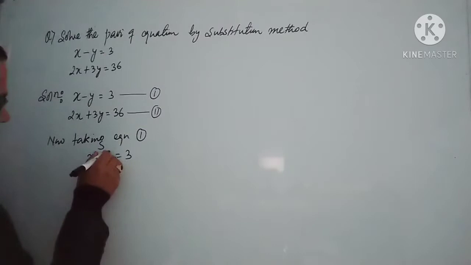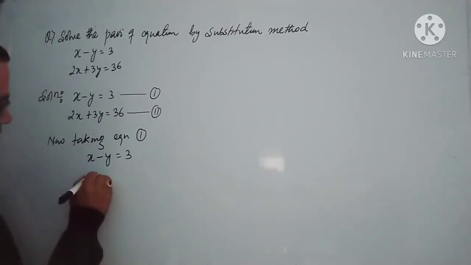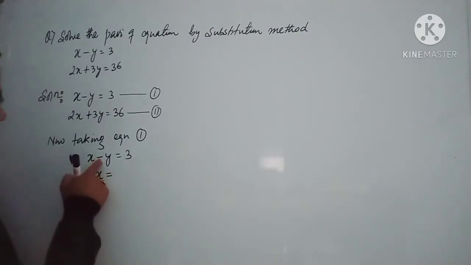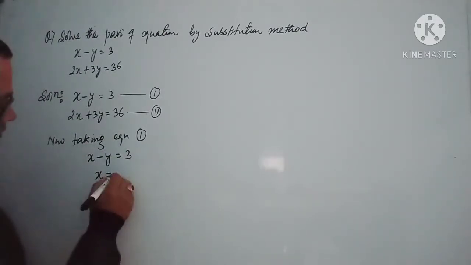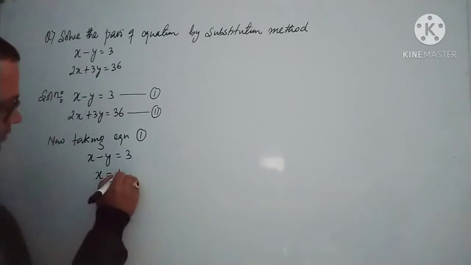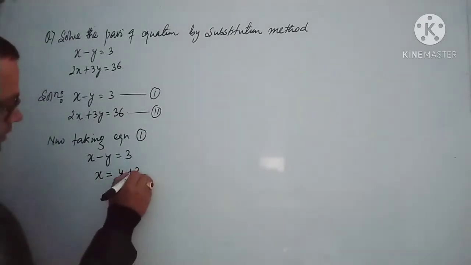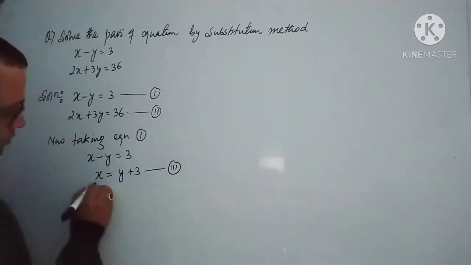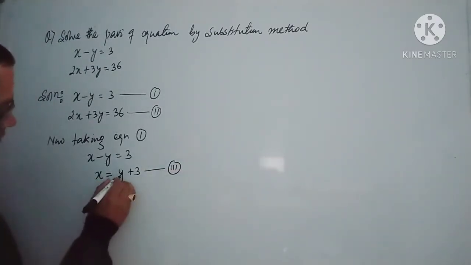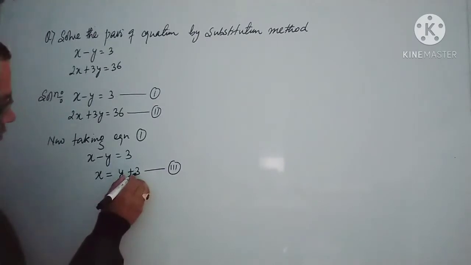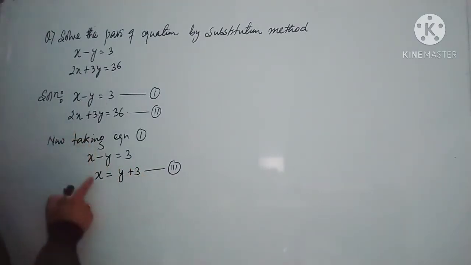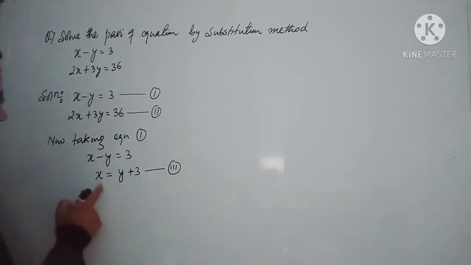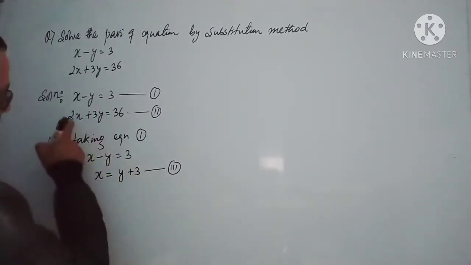We will eliminate y from the left hand side. We get x equals 3 plus y, that is, x equals y plus 3. This is equation number 3. Instead of x, we will write y plus 3.